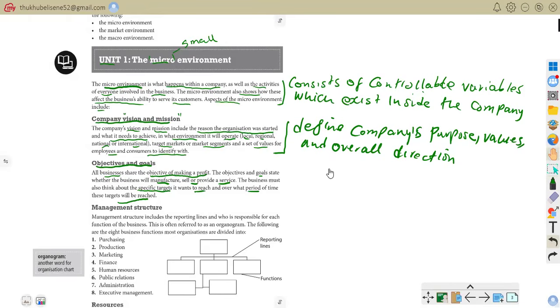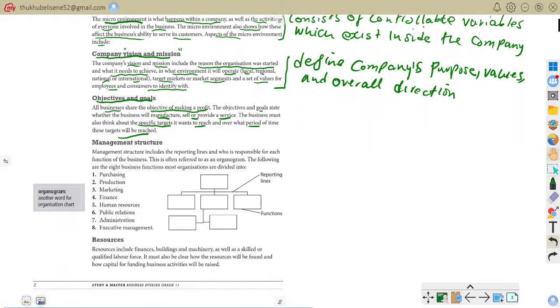Moving on to another aspect that is included in the microenvironment, the management structure. When we're talking about the management structure, we're talking about the organizational structure, including leadership, departments, and communication channels.